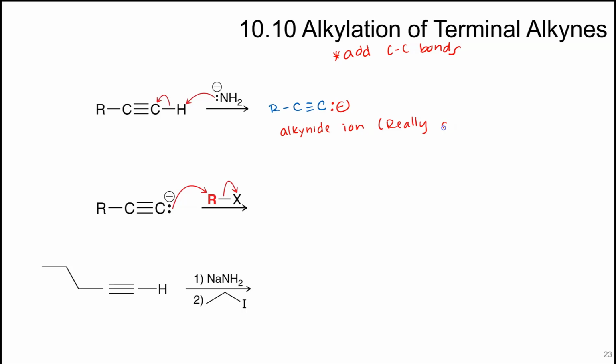So once you have this nucleophile, you can add it to an electrophile, which also contains a leaving group. And we can do an SN2 reaction. We have this nucleophilic attack and the loss of a leaving group. And then now we've added a carbon and a new R group here.